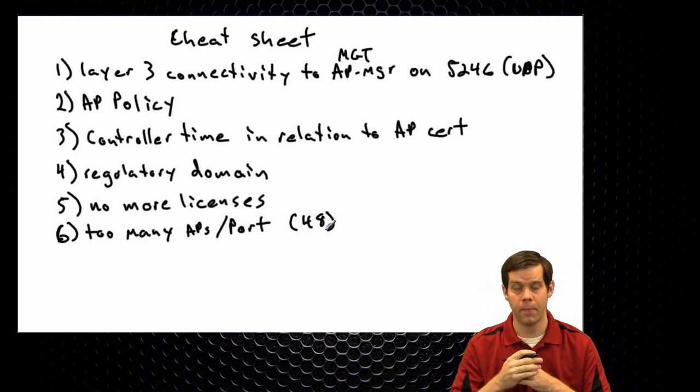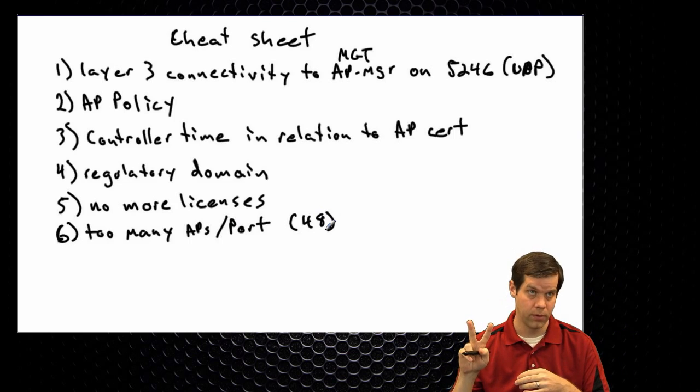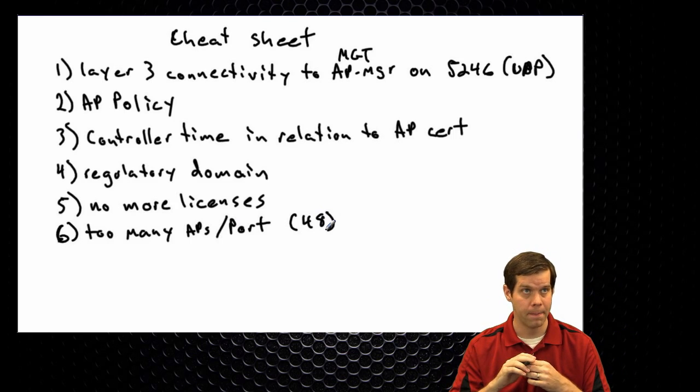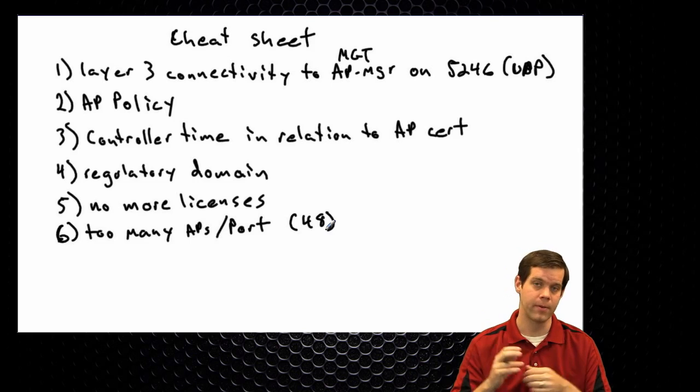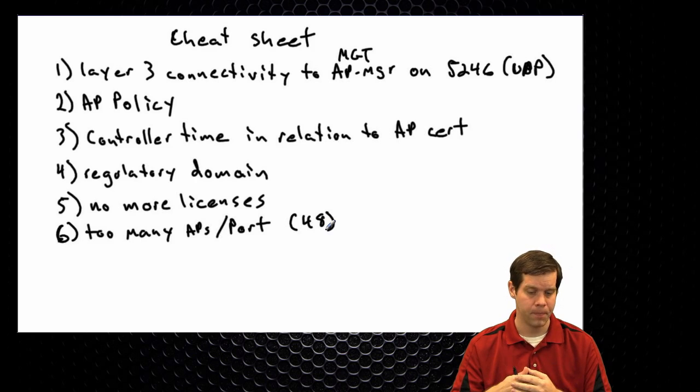So you can order a model of the 4400 that had 100 licenses, but only two, oh wait, no. Yeah, I think you could get 100 licenses with 2 ports, but basically what you could run into is where if you're running in non-lag mode, you can only have 48 APs joining up to a port. So technically, even though you had enough licenses, it won't join up to the port just because the port can only support 48 access points.